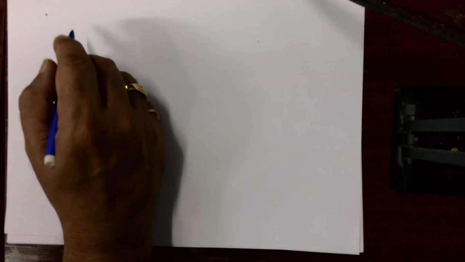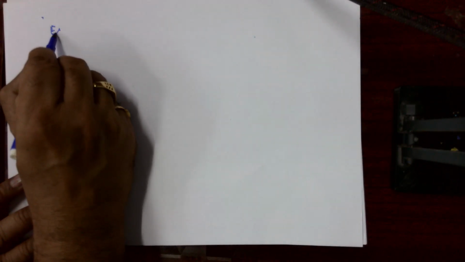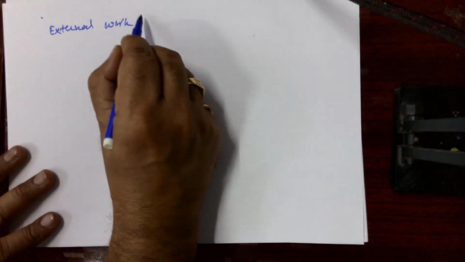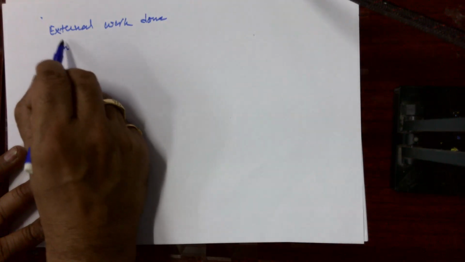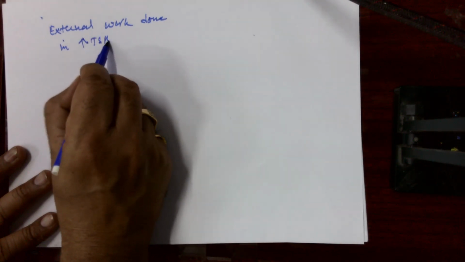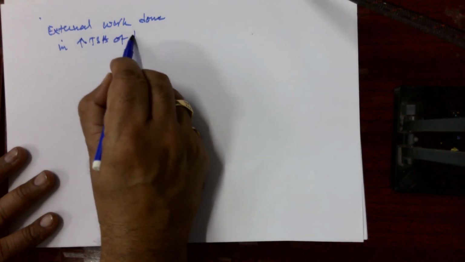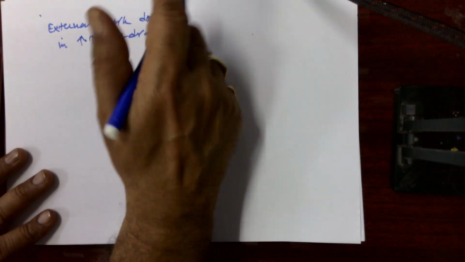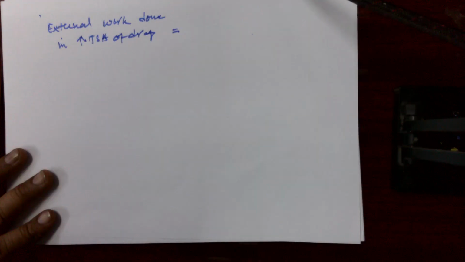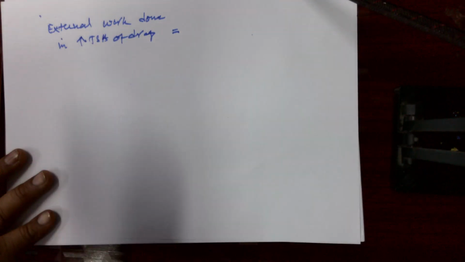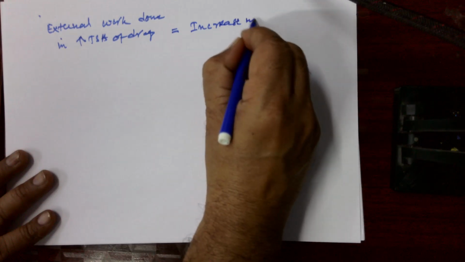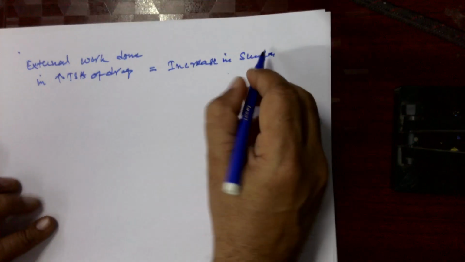And that is why the work done is equal to the external work, the external work done in increasing the total surface area of the drop is equal to the increase in surface energy, right? Increase in surface energy.